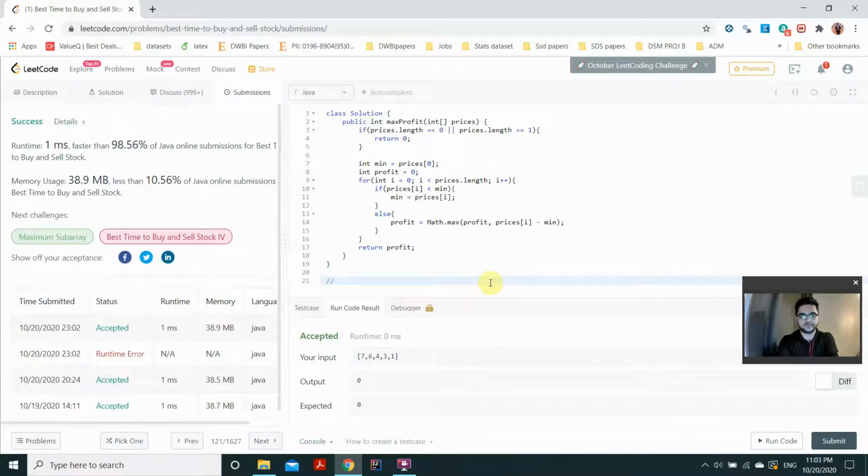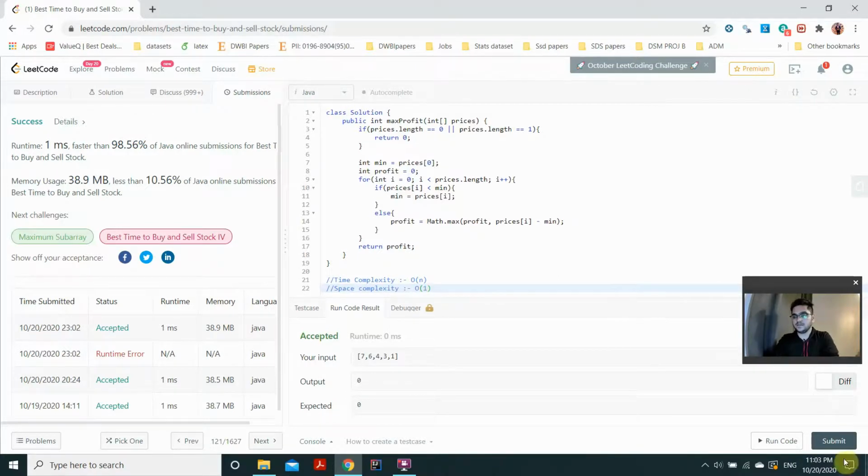The time complexity is big O of n, since I need to iterate over each and every element, and the space complexity, since we are only using two variables here, is constant. Sorry, I first said linear, but it's constant space complexity.